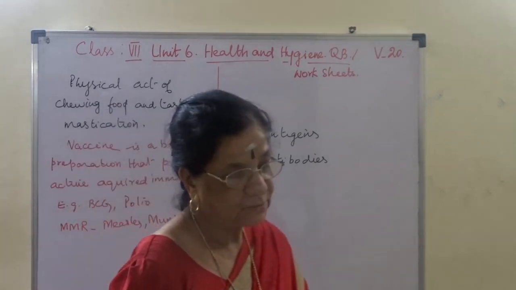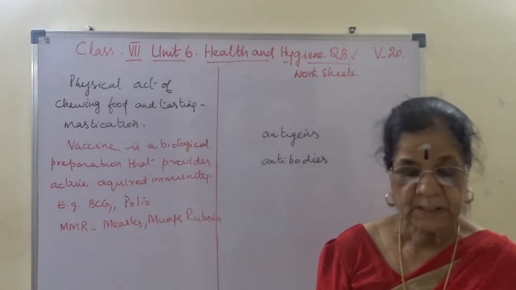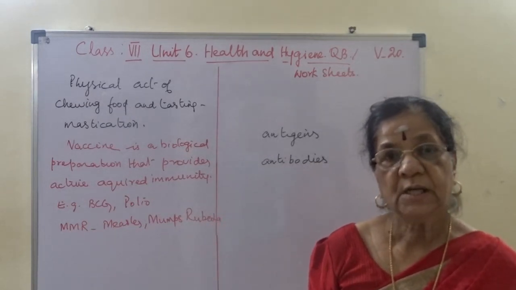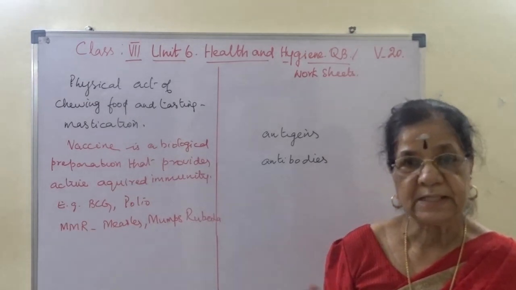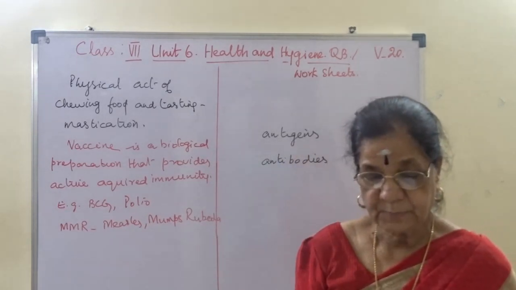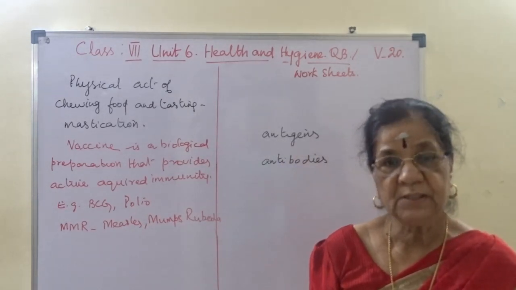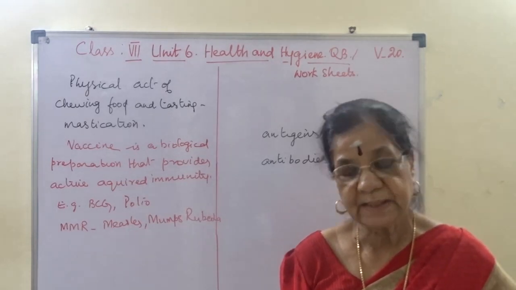Right? The next one, what are non-communicable diseases? Non-communicable diseases are not caused by pathogens and cannot be passed on by a sick person to a healthy person. Example, anemia, arthritis.